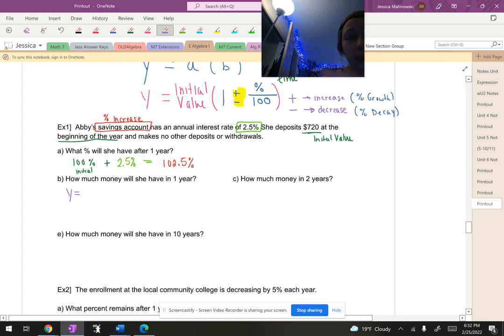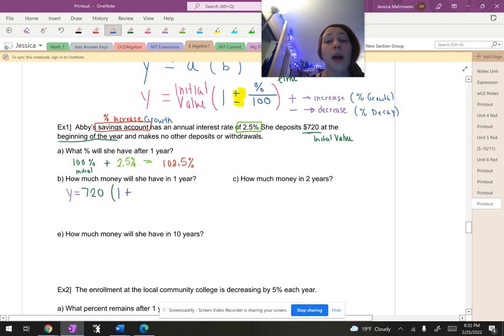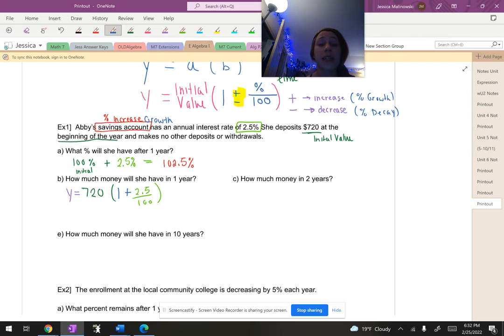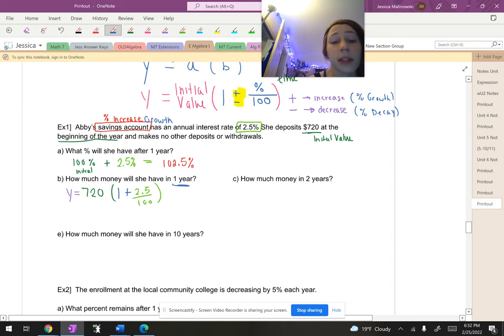My initial value was that 720, parentheses 1, and I'm using the plus again because this was talking about increase or growth. So I'm using the plus sign instead of the minus sign. The percent that we're using is that 2.5%, so 2.5 out of 100, close the parentheses. And since here they're asking specifically for 1 year, I can just put 1 right there.